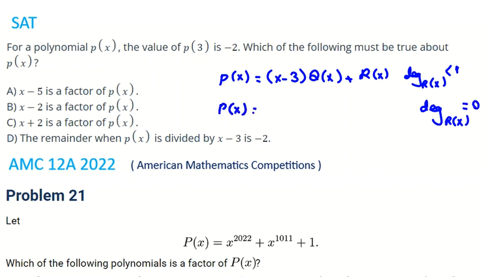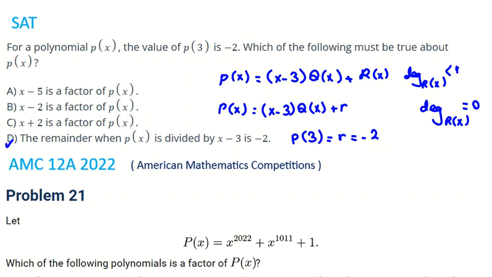So p of x equals x minus 3 times q of x plus r. Now if we replace x with 3, p of 3 equals r. And this r is negative 2. So the remainder when p of x is divided by x minus 3 is negative 2.